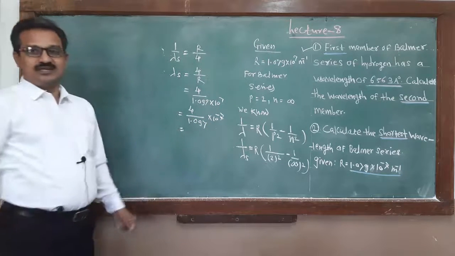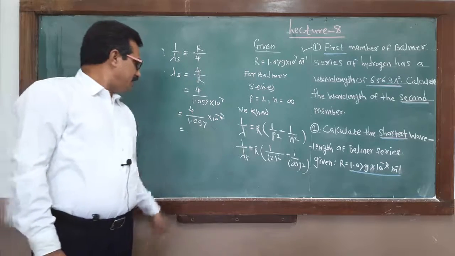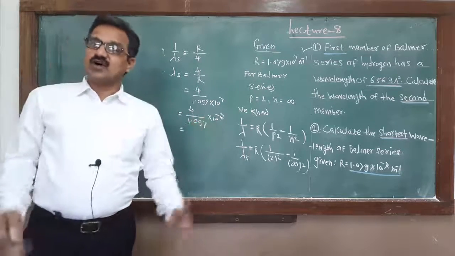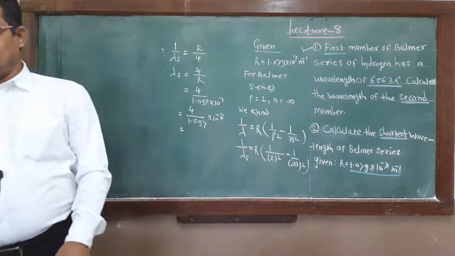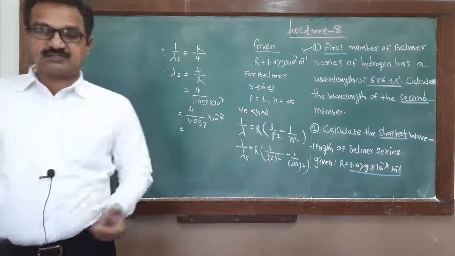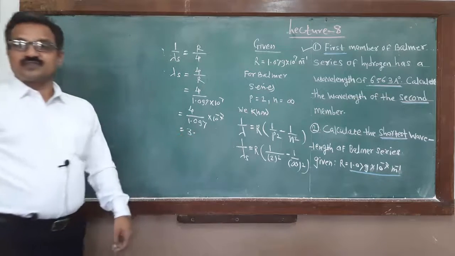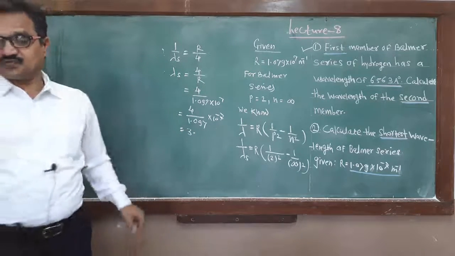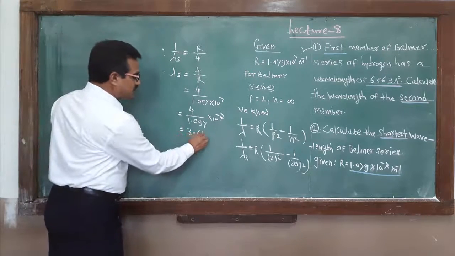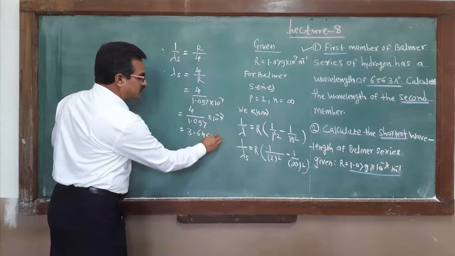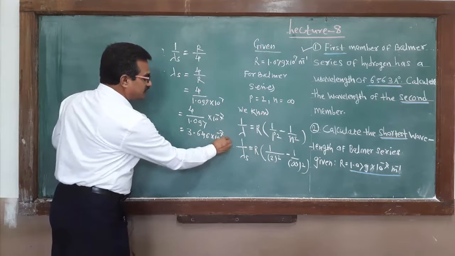Solving 4 divided by 1.097 using the calculator, we get the value 3.646 into 10 raised to minus 7 meter.